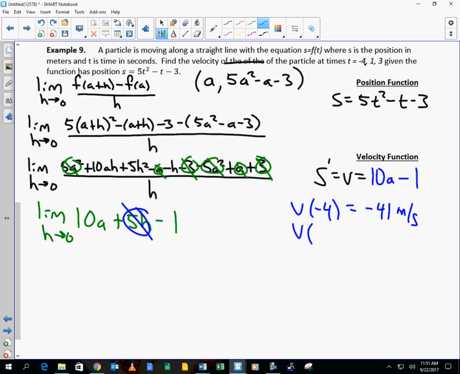The velocity at time 1 would be 9 meters per second, and the velocity at time 3, 29 meters per second. So we didn't have to do it over and over again, did we? We didn't have to do it 3 times. Just did it once. Now, it got a little bit lengthy with those variables, but it was all good. Okay? So there you have it.